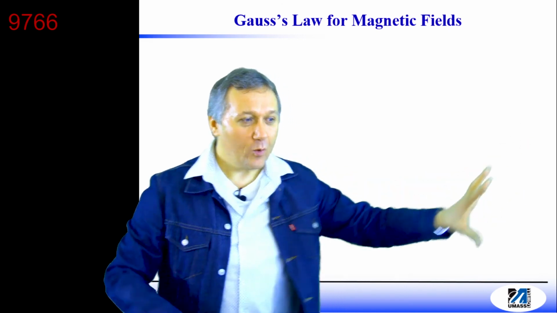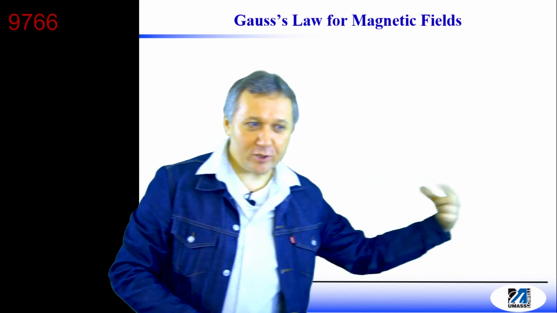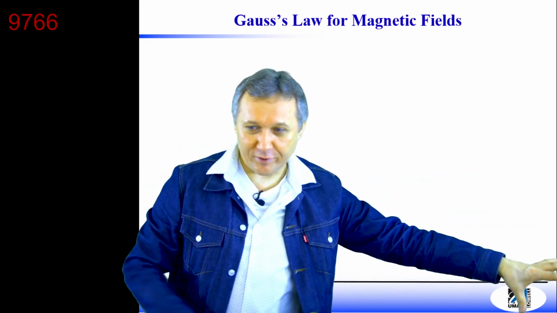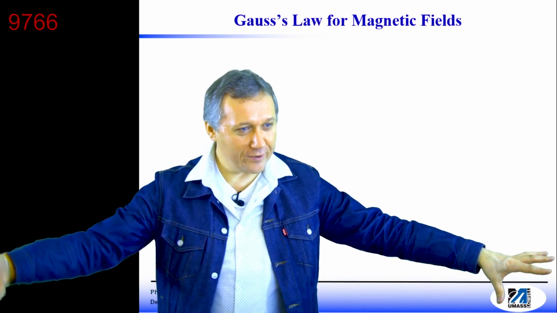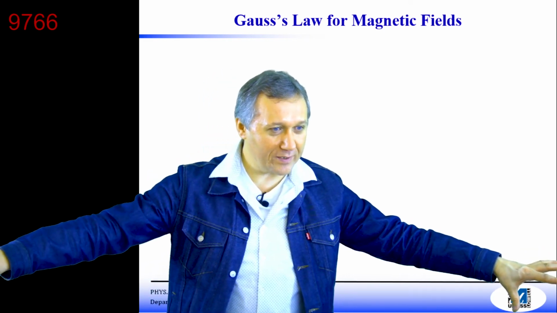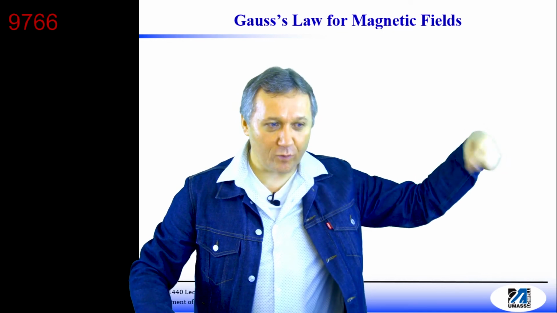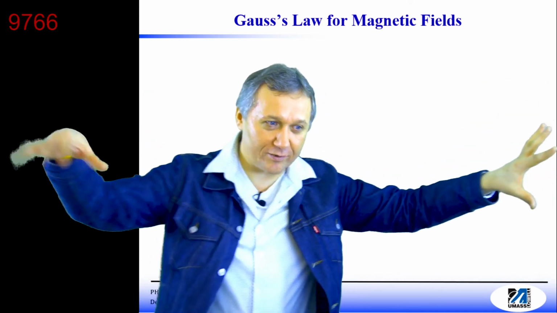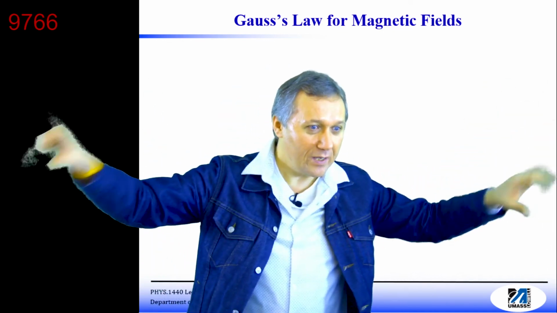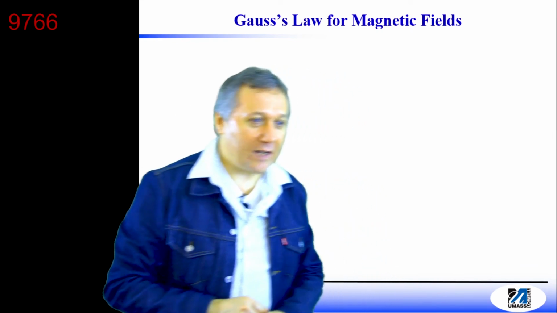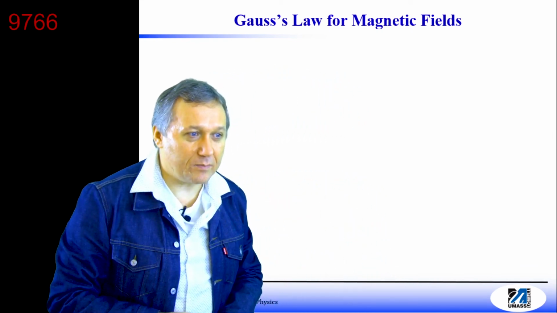So that we will have integration over a line for electricity and for magnetism, and integration over a surface for electricity and for magnetism. Right now, Gauss's law for magnetism is missing.